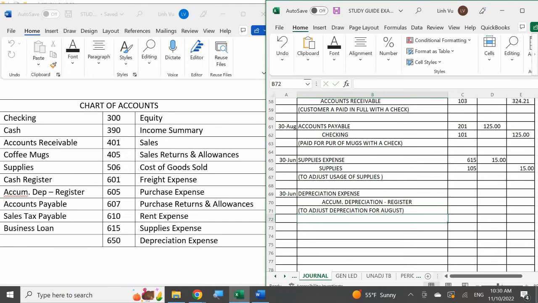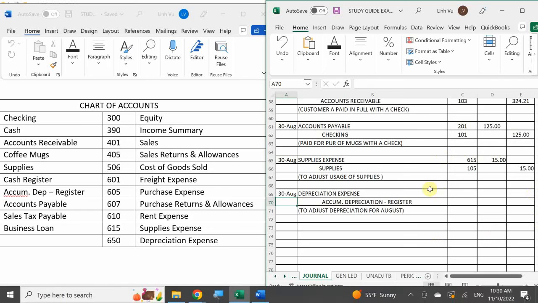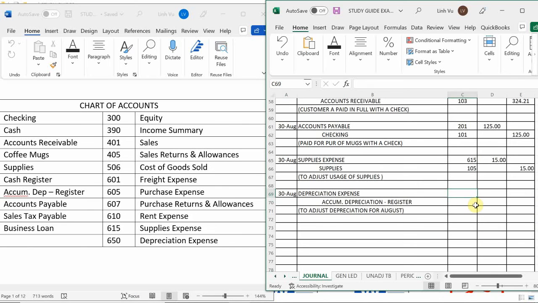Let's see. Keep putting everything as June. I'm still stuck with Coffee Cafe, sorry. So in this case, my depreciation expense account is 650.